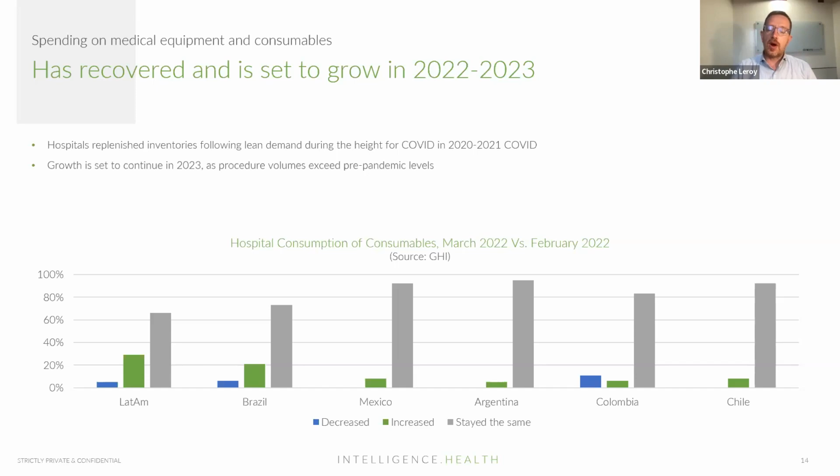And in this regard, one of the data points that we've been tracking really closely throughout the year and throughout the pandemic is the behavior on the part of purchasing departments at hospitals for consumables. So all the types of products that are used in the OR. And clearly we're seeing a return to growth.